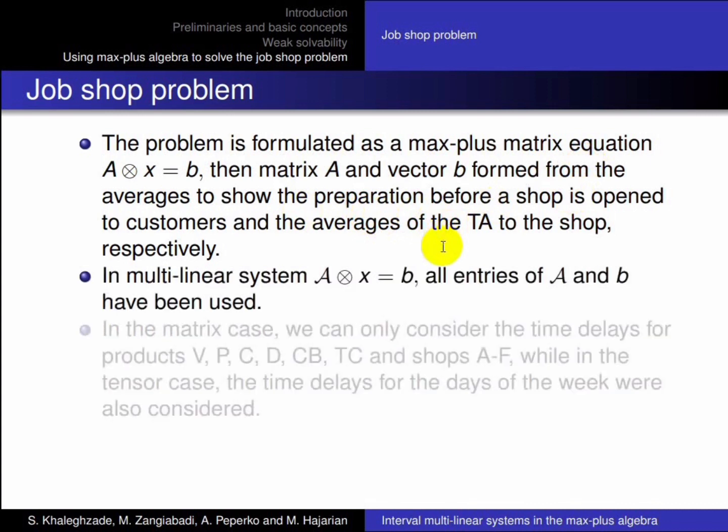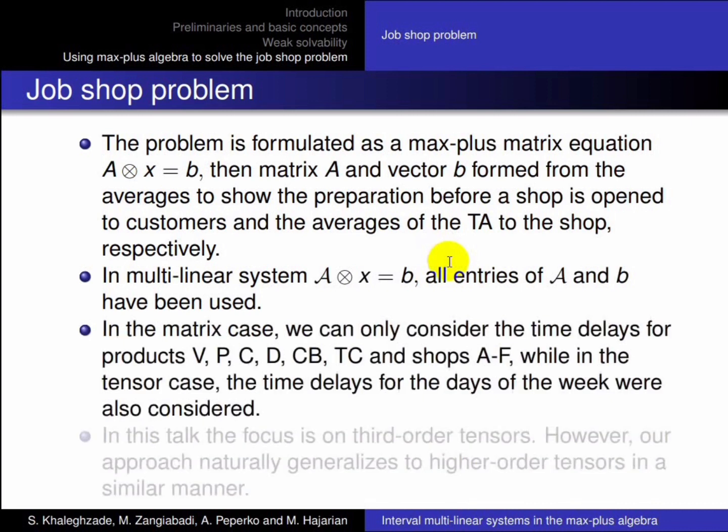In the multilinear system, all entries of A and B have been used. In the matrix case, we can only consider the time delays for 6 products and 6 shops, while in the tensor case, the time delays for the days of the week were also considered.